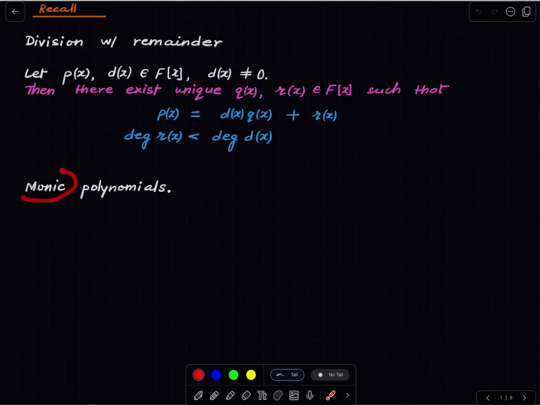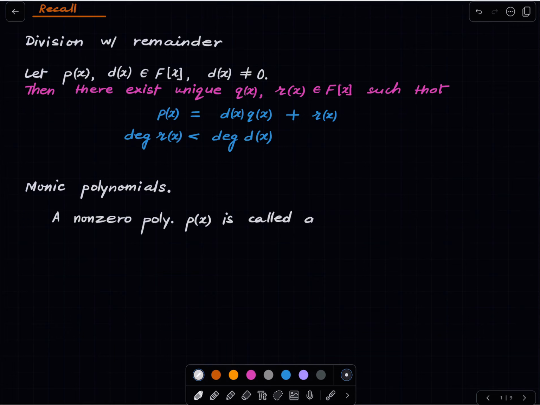I think I forgot about the notion of monic polynomials, so let me define it here. It's a very simple definition. You pick a non-zero polynomial, call it p(x). It is called a monic polynomial if its leading coefficient is 1.